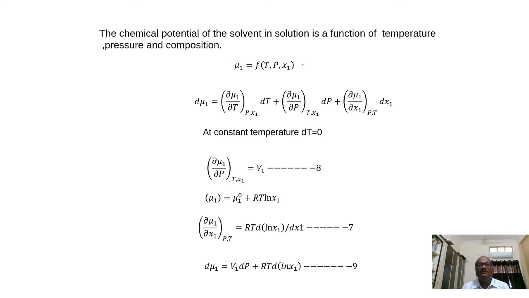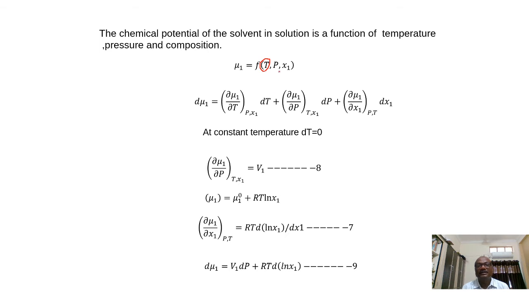Let's calculate the change in chemical potential, d mu1. For that we partially differentiate this equation, differentiating with respect to one variable while keeping the remaining variables constant. So d mu1 is equal to dou mu1 by dou T at constant pressure and mole fraction x1, into dT.